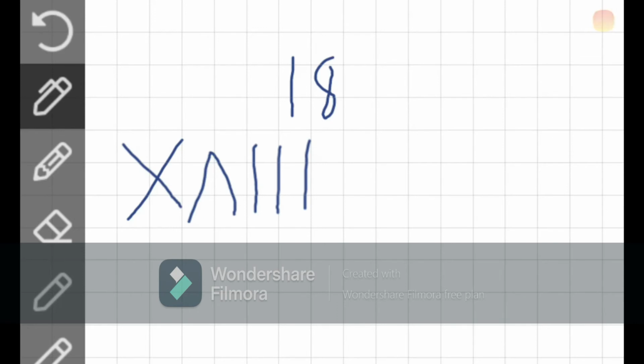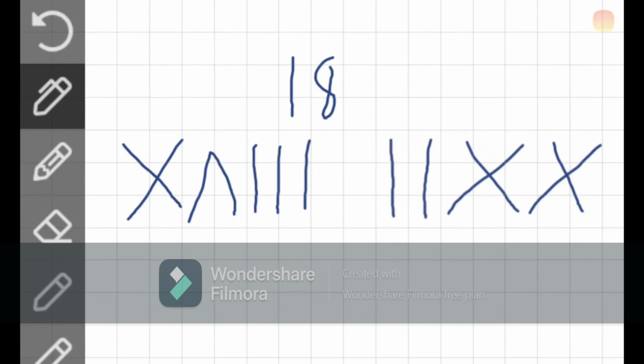First, for 18, what is the nearest symbol? It's 2 symbols for 10, making it 20. But how can you arrive at 18 from 20? Of course, you deduct 2 from 20, making it 18. The symbols for 2 you place at the left of the bigger symbol. 1, 2.